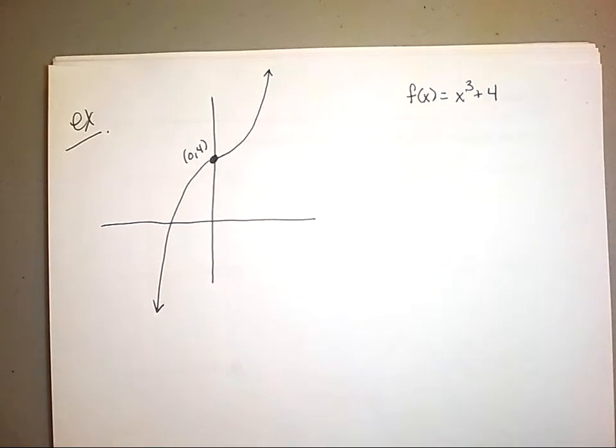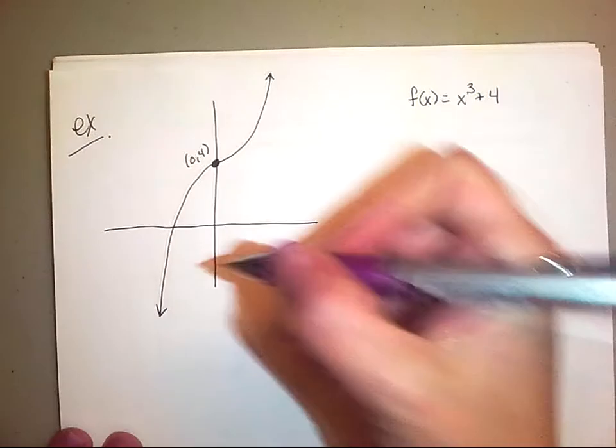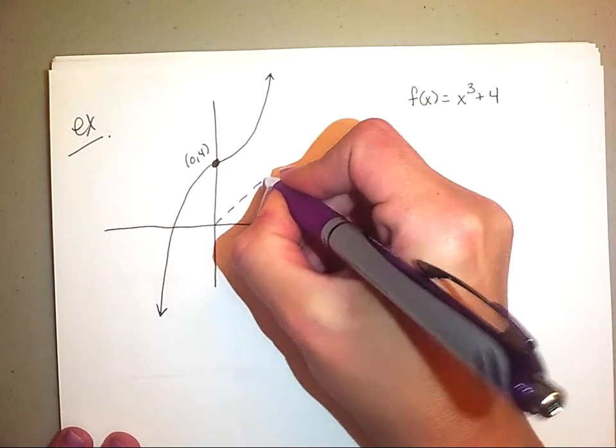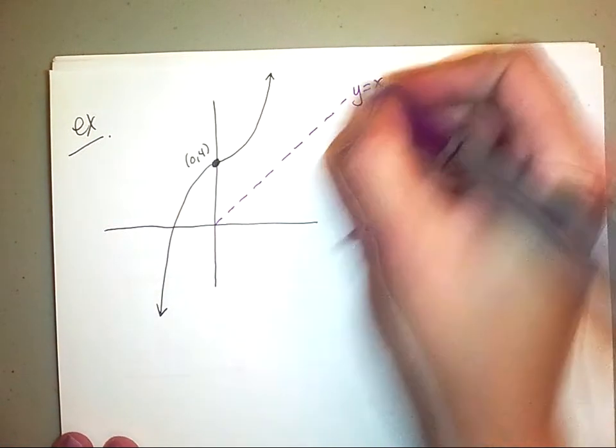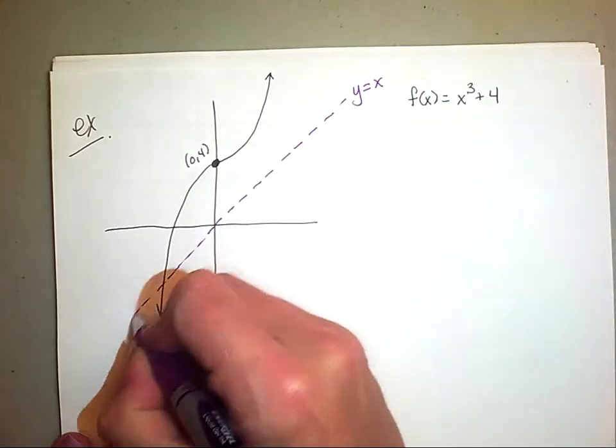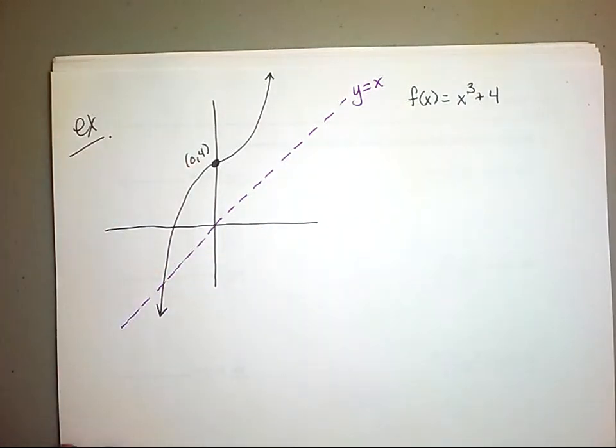Now, I don't know what the inverse is going to look like, okay? But I do know a couple things. I know that the inverse needs to be symmetric with respect to the line y equals x. So let's draw in that 45-degree line and see if we can do a sketch of what it should look like.